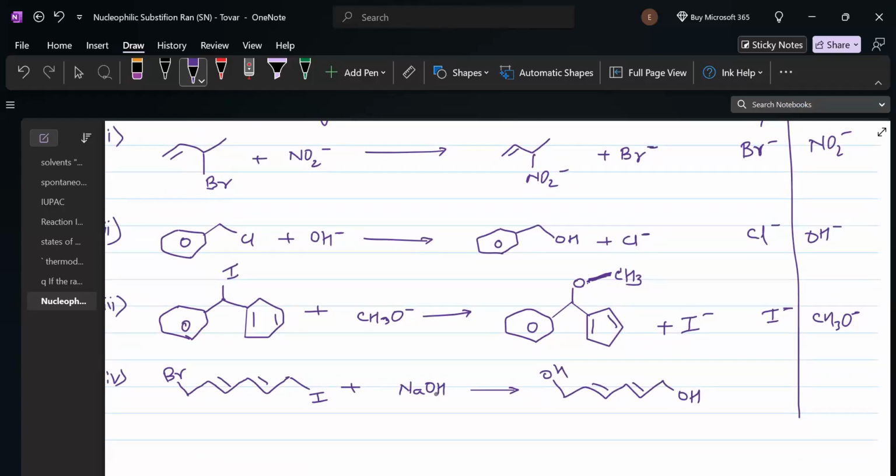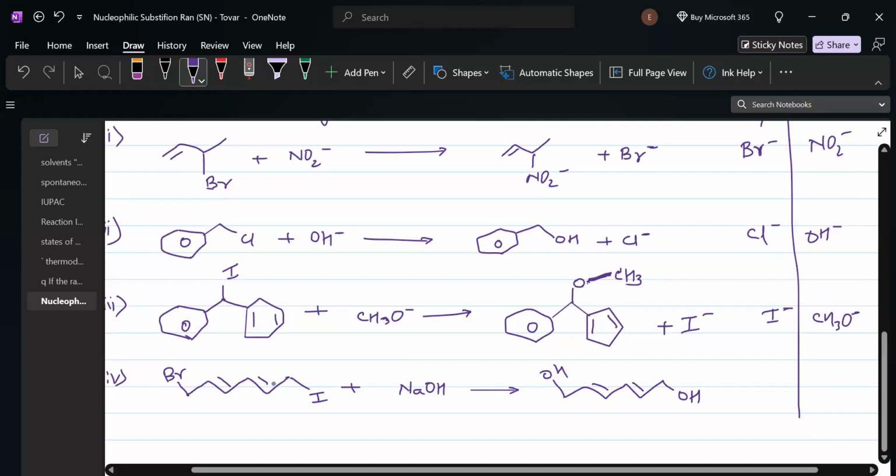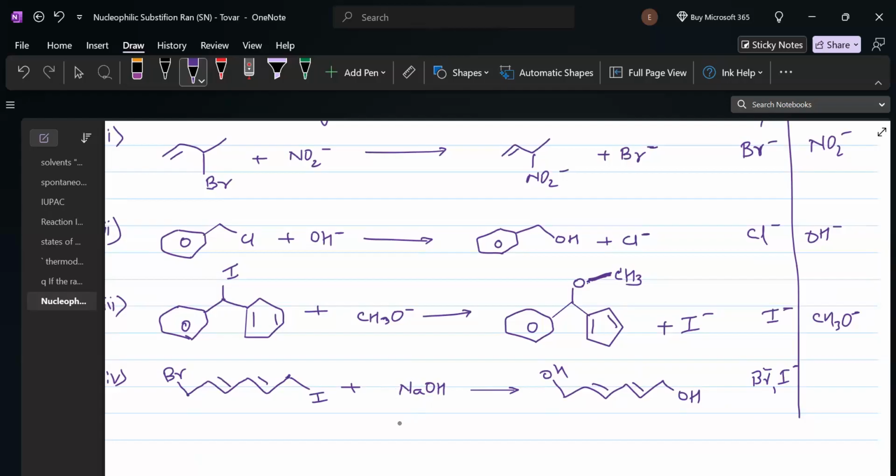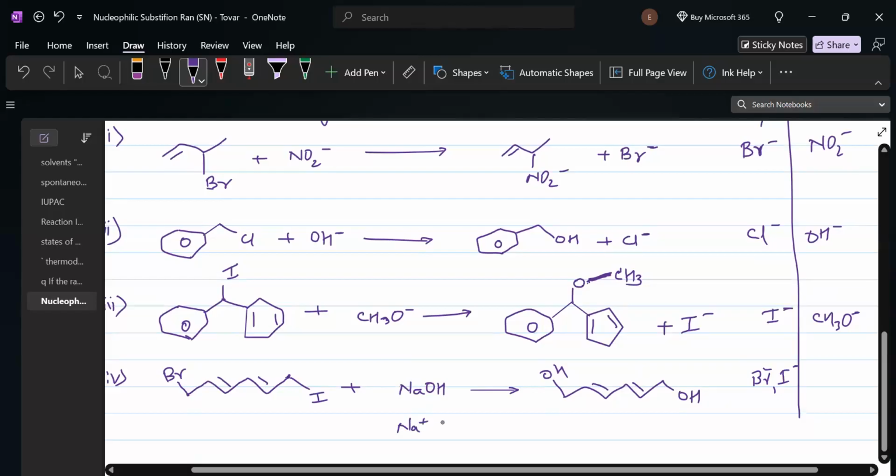Can you see OH has attacked on this carbon also and this carbon also, right? So bromine ion and iodide ion both are leaving groups here, and this NaOH is what? NaOH is Na plus and OH minus, right?